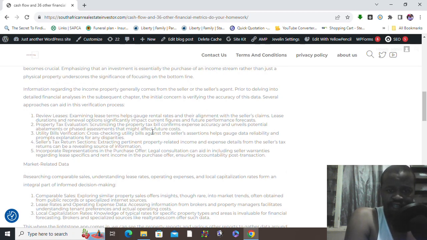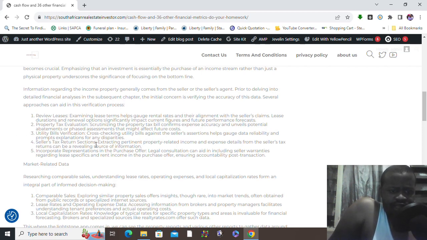Scrutinizing the property tax bill confirms expense accuracy and unveils potential abatements or phased assessments that might affect future costs. Three, utility bills verification. Cross checking utility bills against the seller's assertions helps gauge data reliability and prompts explanation for any disparities.